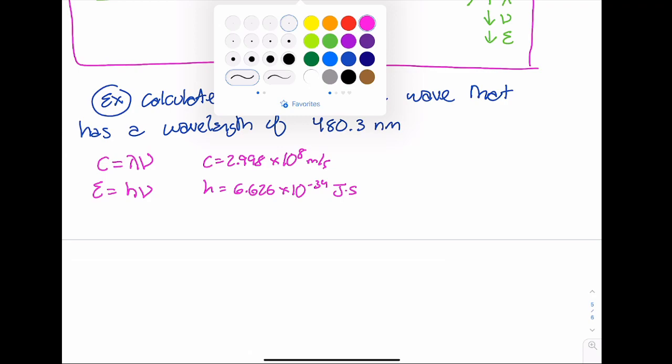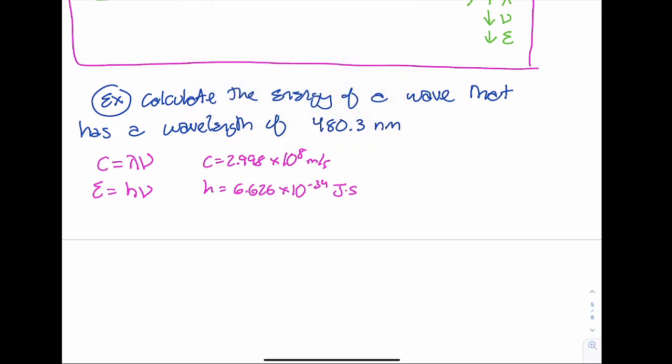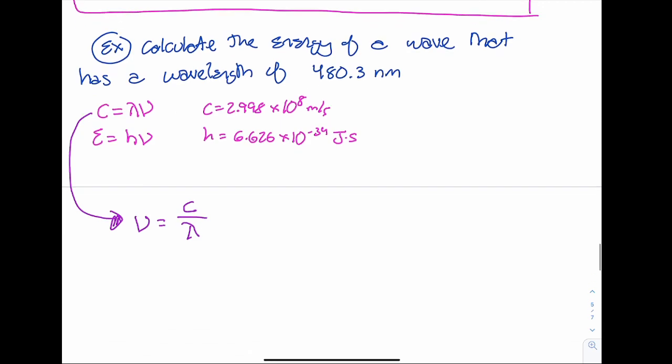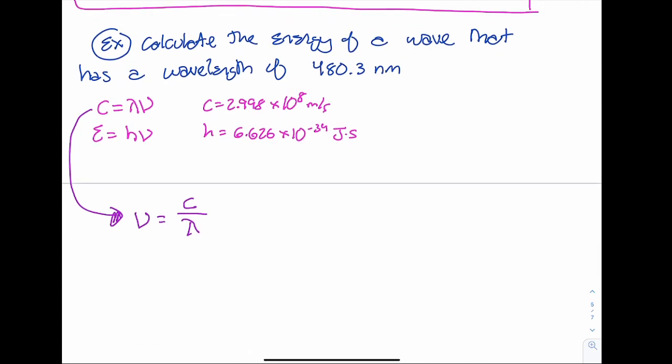We can do it twice, like solve for wavelength and then plug it back into the second equation. If you want to rearrange them, you can. So I'm going to take this equation and solve it for frequency. Frequency is going to be equal to the speed of light divided by wavelength. And then I can substitute that into my energy equation.